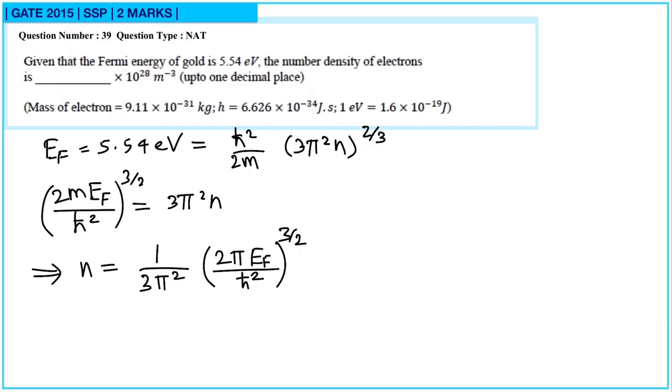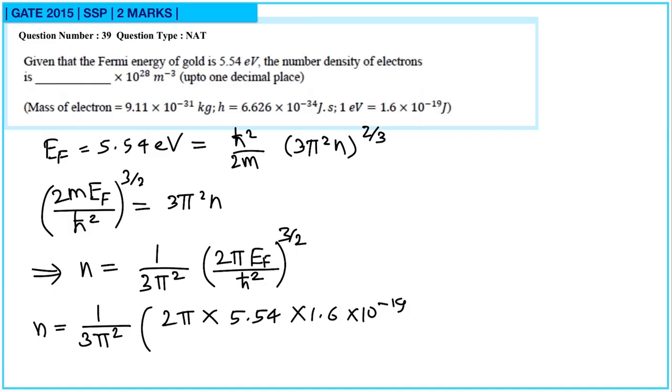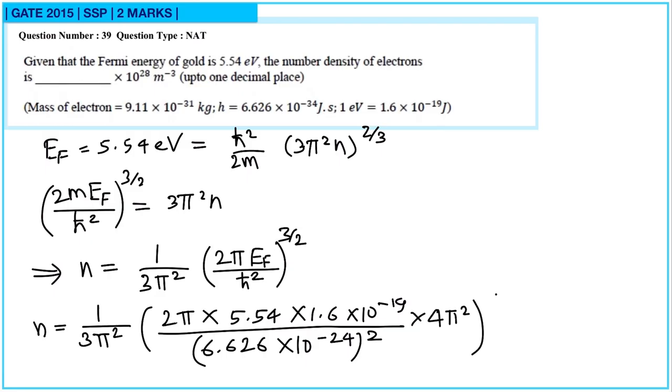All of the values are given to us. So n is equal to 1 upon 3 pi square into 2 m into EF equal to 5.54 electron volt, so multiply by 1.6 into 10 to the power minus 19, upon h cross square, where h is 6.626 into 10 to the power minus 34, the whole square upon 4 pi square, this whole thing raised to 3 by 2.